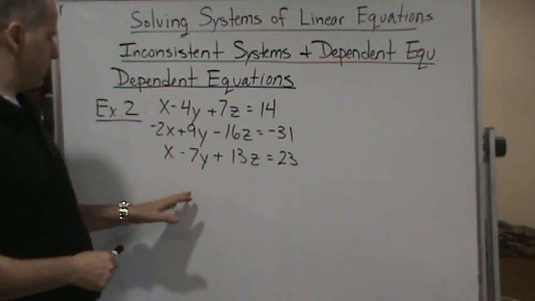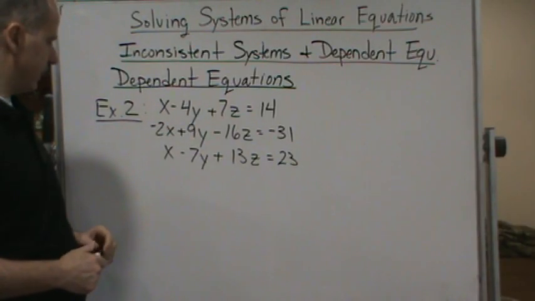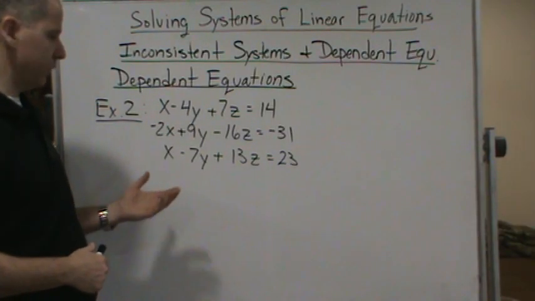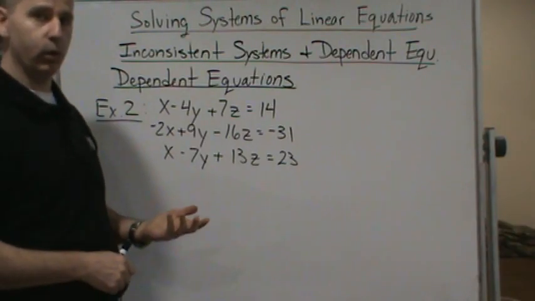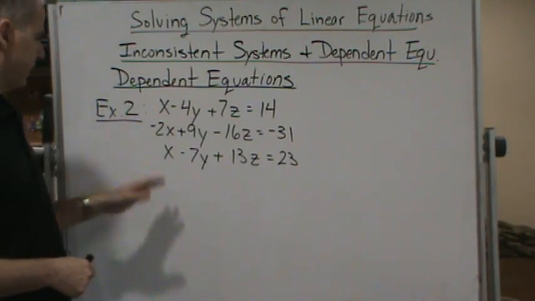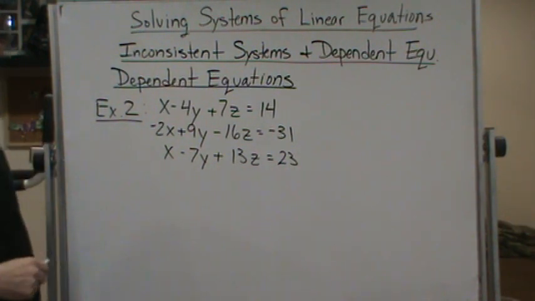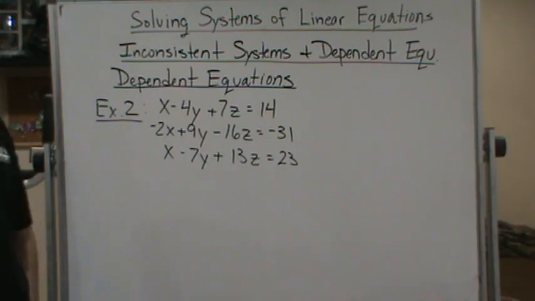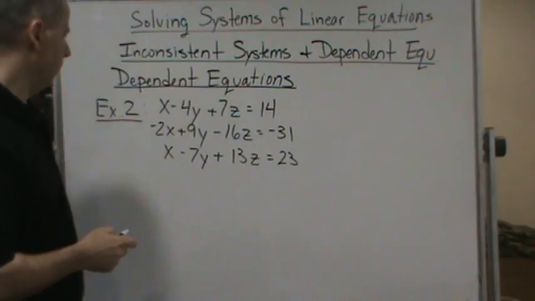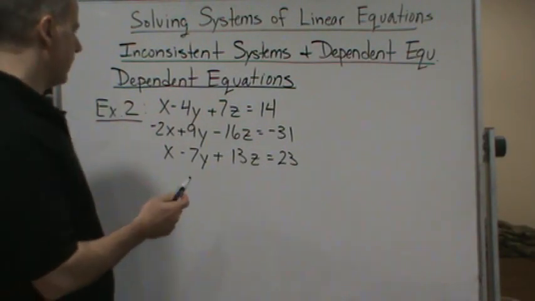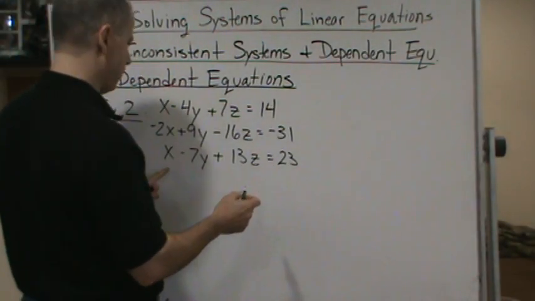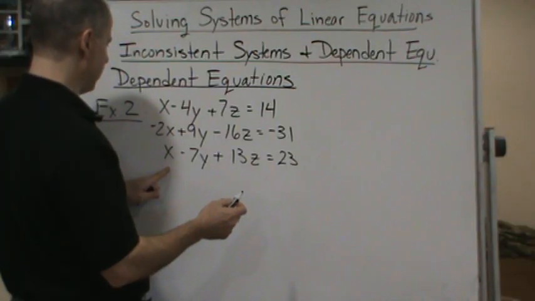Sometimes if you look at the equations you can see that one is a multiple of the other, especially if it's a whole number multiple. In this case you really can't tell. There are some flags that might lead you to believe that it may be the case, but nothing that I would discuss here. So let's get this into augmented matrix form.